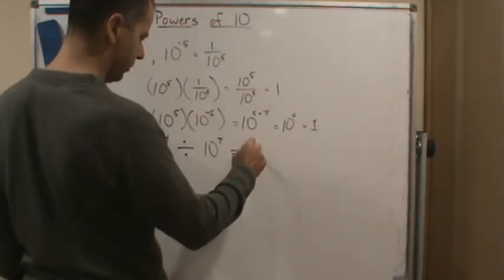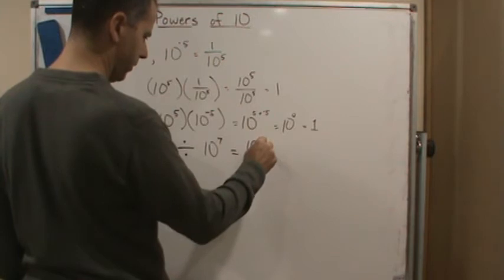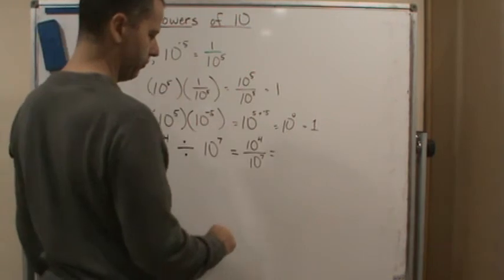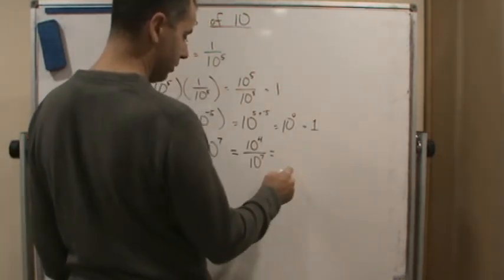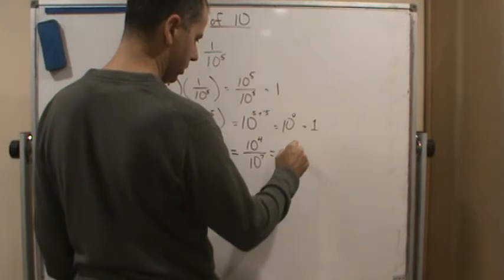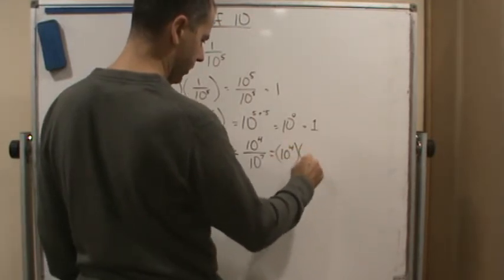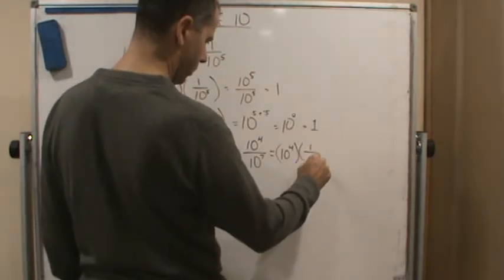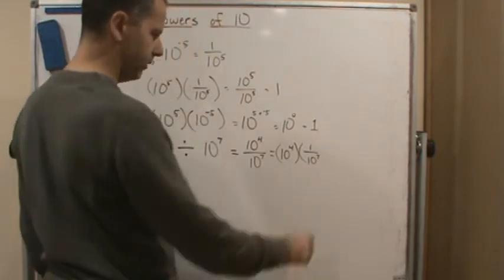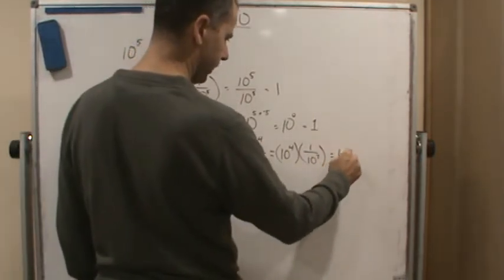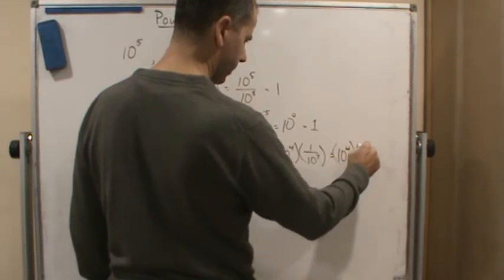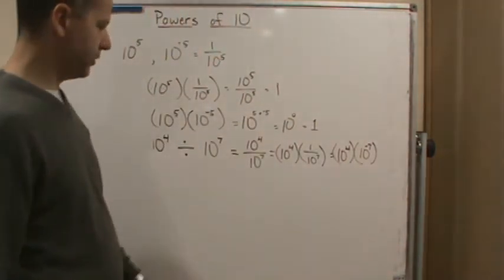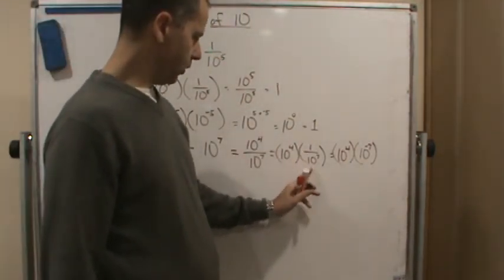We have 10 to the fourth divided by 10 to the seventh, which is the same as 10 to the fourth times 1 over 10 to the seventh.